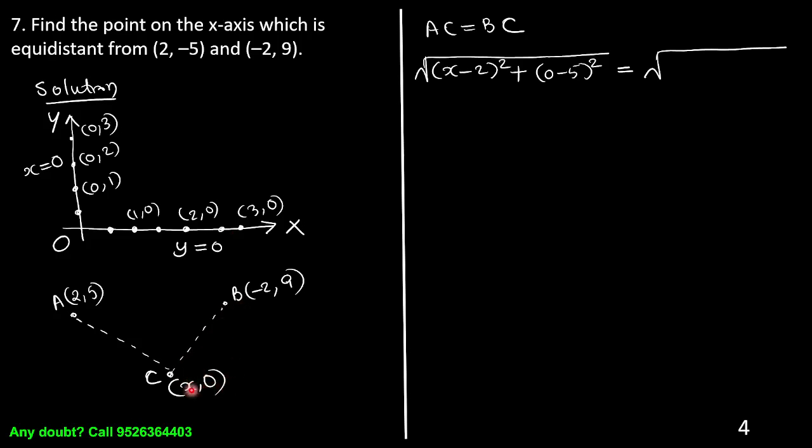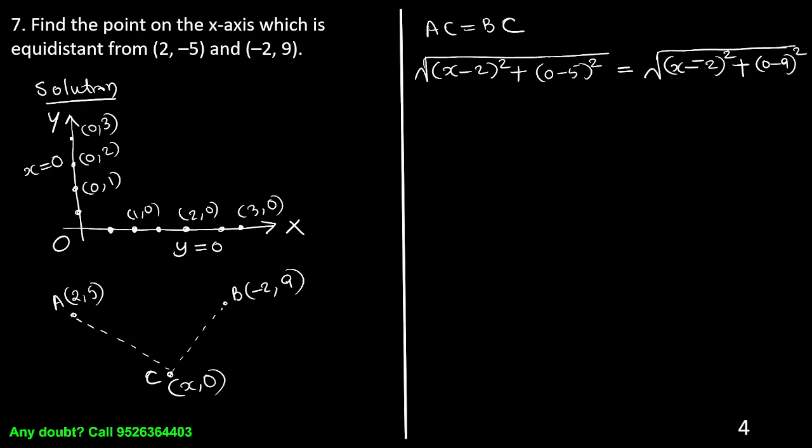Let me take this as x2, y2 and this as x1, y1. So (x2 minus x1) all square will be (x minus of minus 2) all square plus (y2 minus y1) all square will be (0 minus 9) all square.